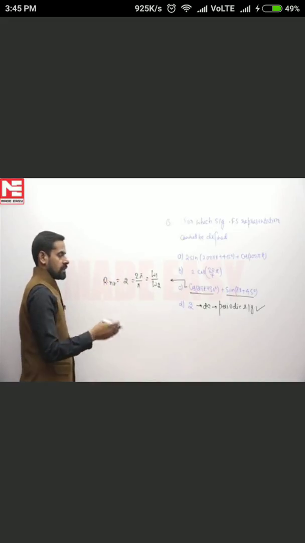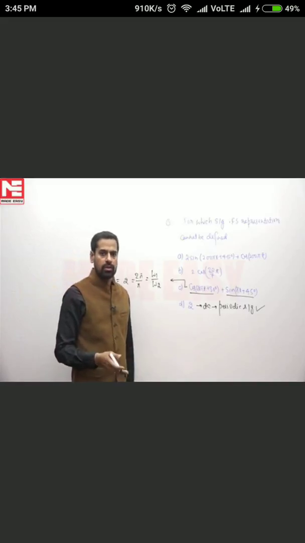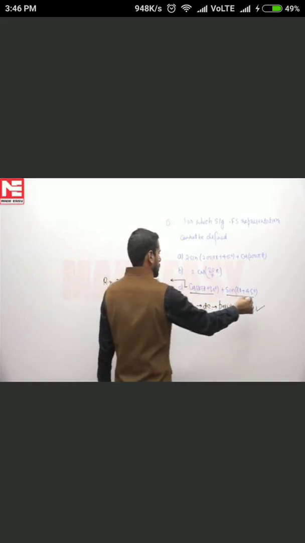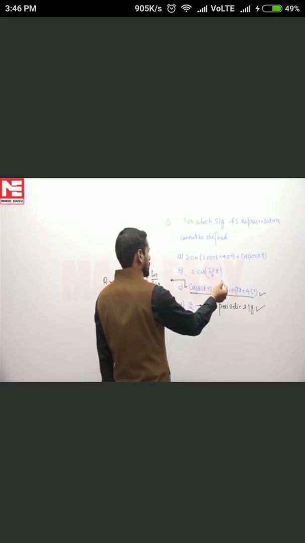And if this ratio is a rational number, then the summation of 2 or more than 2 periodic signals will be periodic. Therefore, option C is also periodic. Option B is a sinusoidal periodic signal. So option B is also periodic.